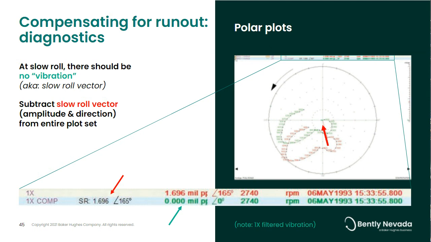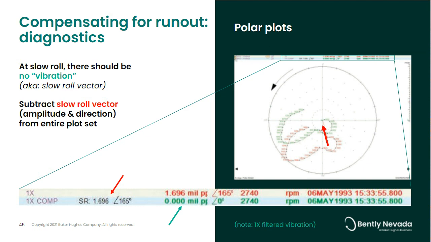This is what we call our slow roll vector. In this particular example, we're using the 1x vibration. So we can say that there's a slow roll vector there that in this polar plot is obscuring the real data, and we want to compensate for that or subtract that slow roll vector.